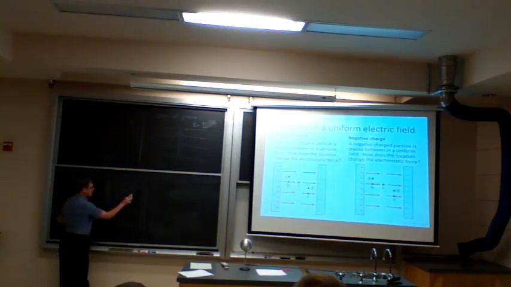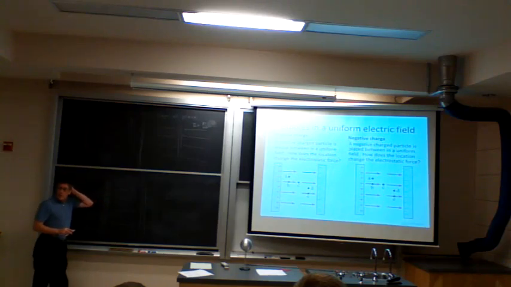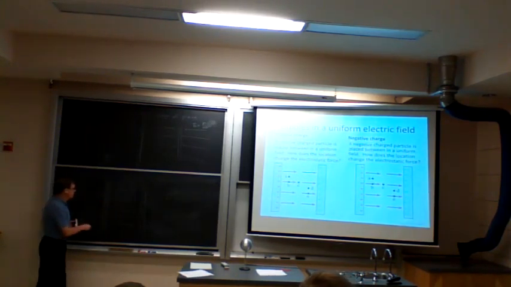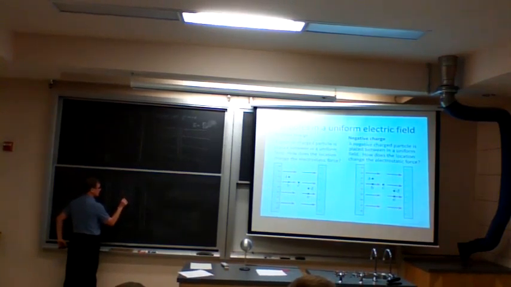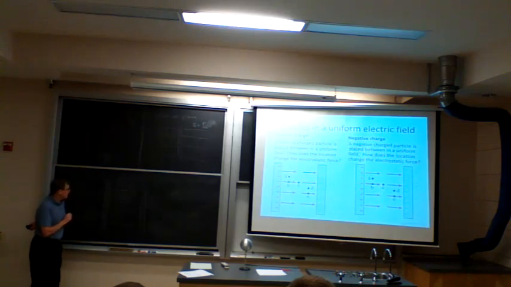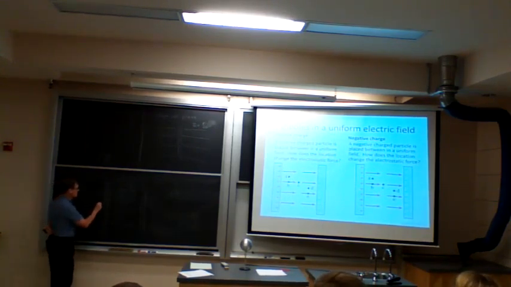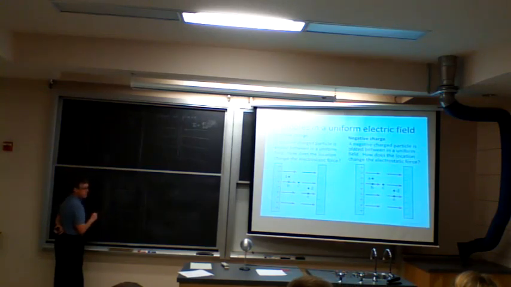What if, however, we have some molecule that naturally has some polarity, and for some reason it's aligned this way? Now, what direction is the force on the negative side? And the positive side?